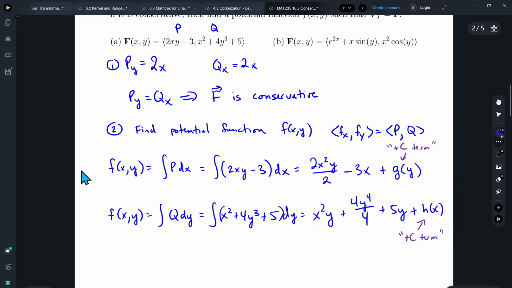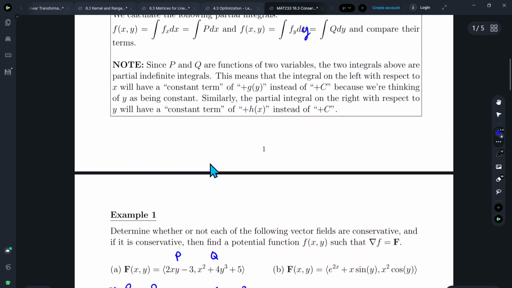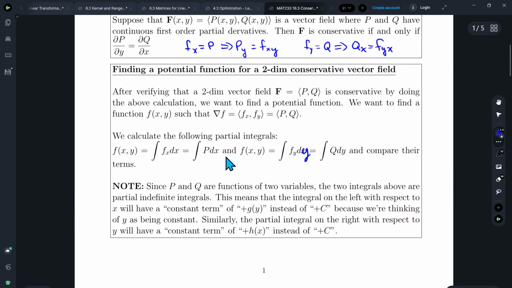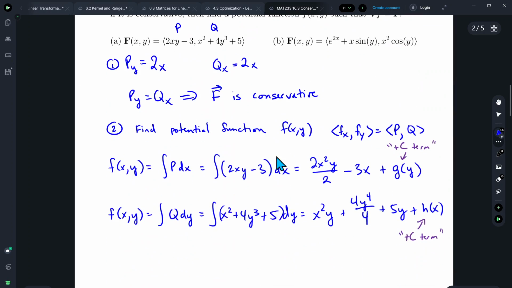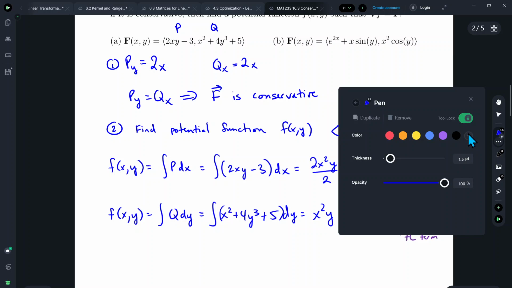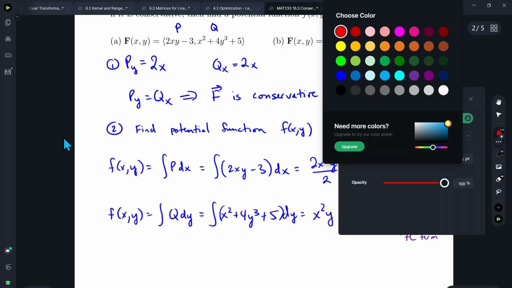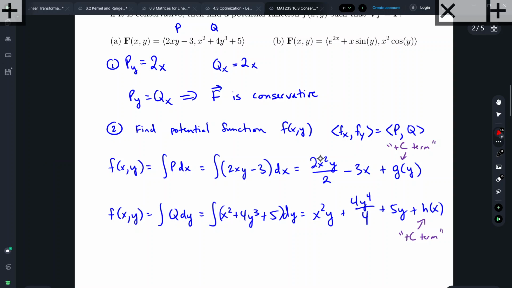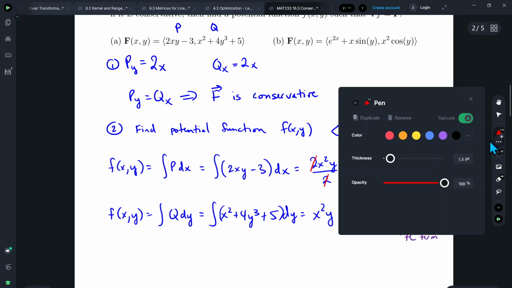Okay, so before I mentioned that we had to calculate these two integrals and compare their terms, right? So you see both of these are supposed to represent our potential function, but they have slightly different terms, right? So we need to look at which terms are the same and which terms are different to figure out what our potential function actually is, right?